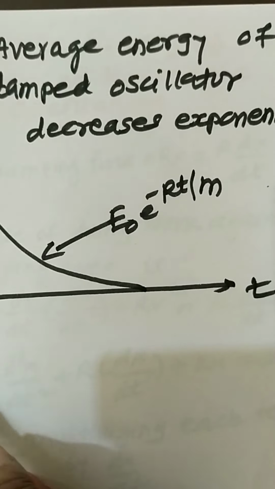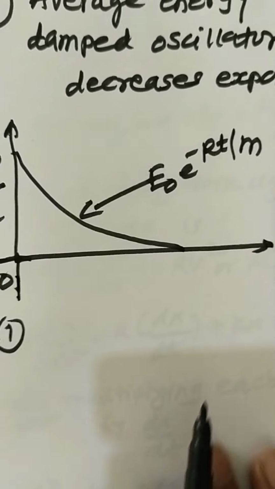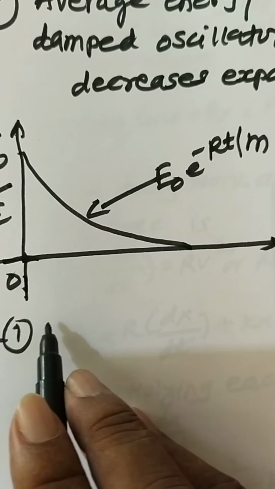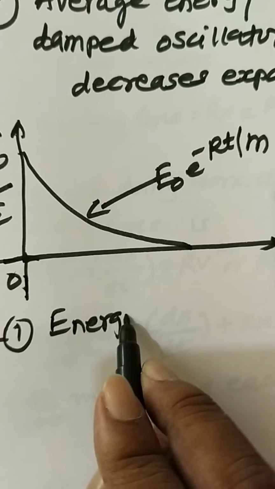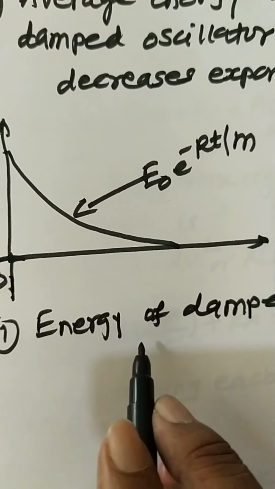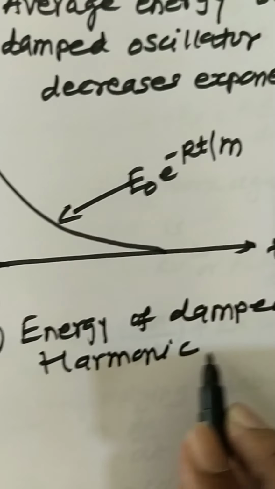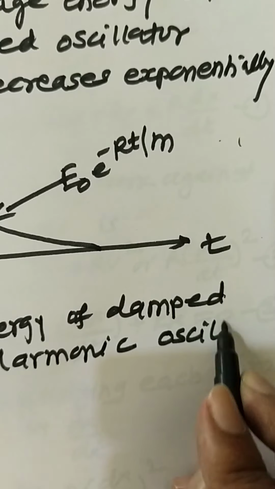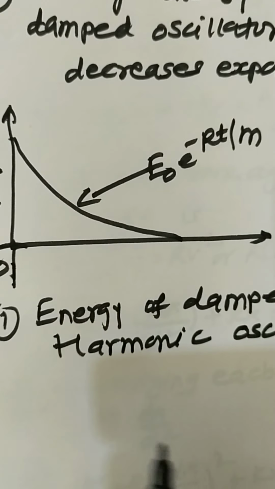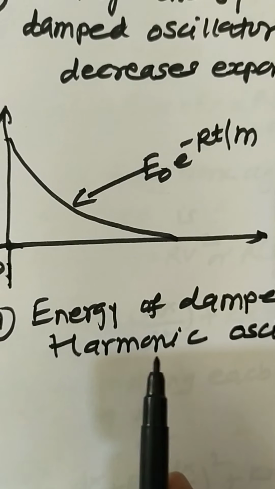This figure 1 shows the graph of the energy of the damped harmonic oscillator. So this is the average energy of a damped harmonic oscillator.